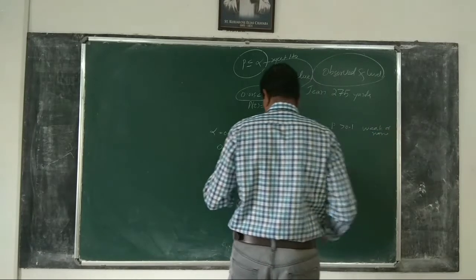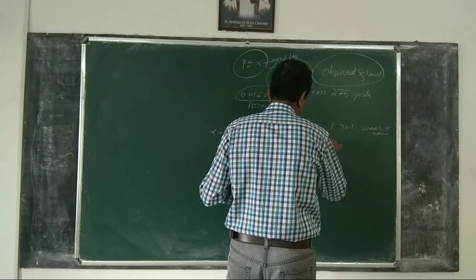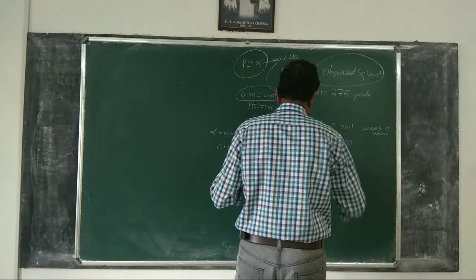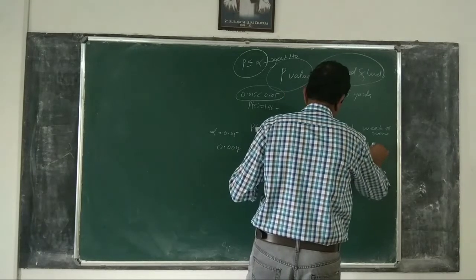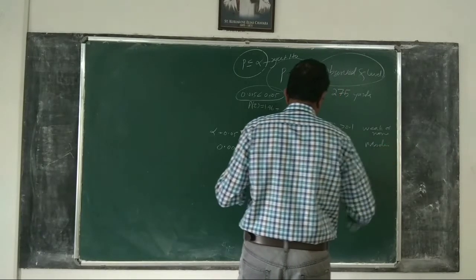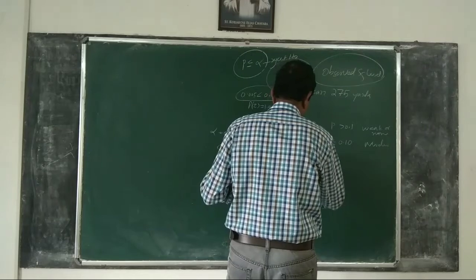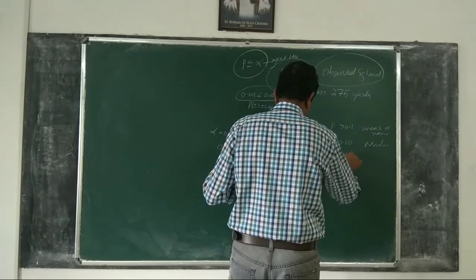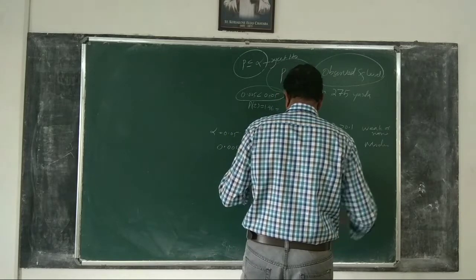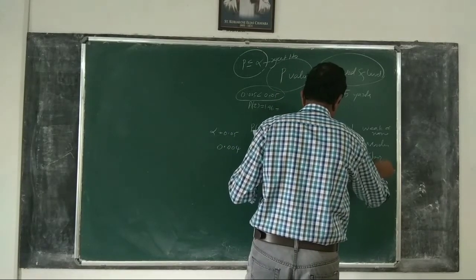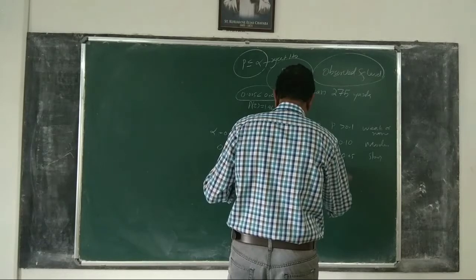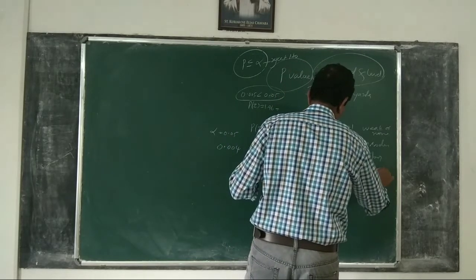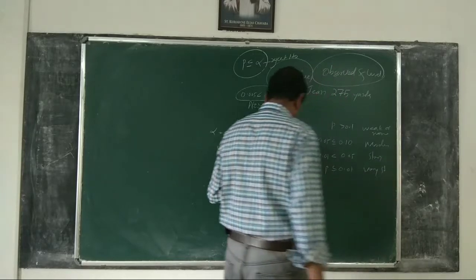If p is between 0.05 and 0.1, moderate evidence. If p is between 0.01 and 0.05, strong evidence. If p is less than 0.01, very strong evidence.